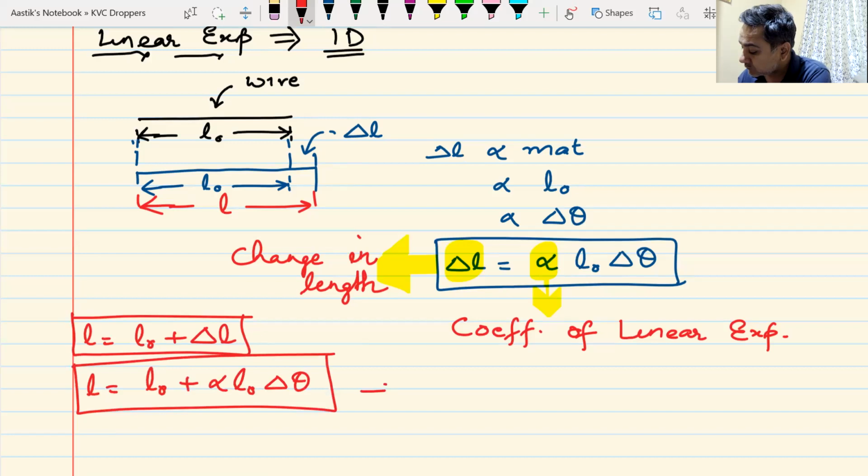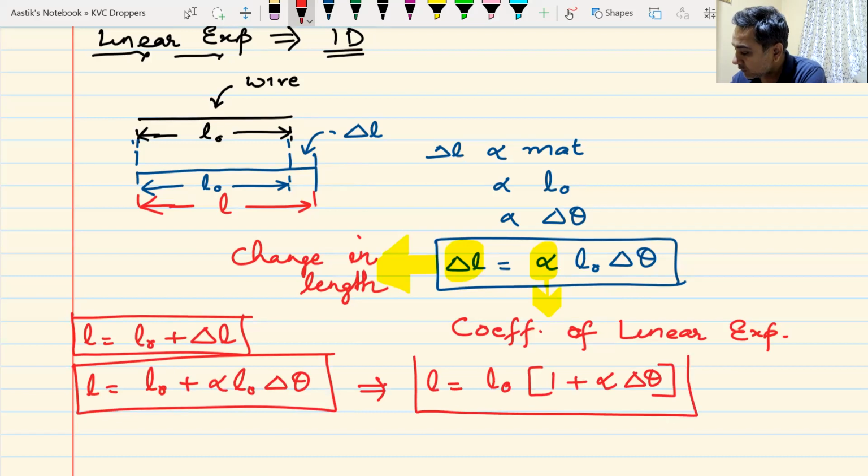If I just write, taking L naught common, L is equal to L naught into 1 plus alpha delta theta. Do we all understand this?